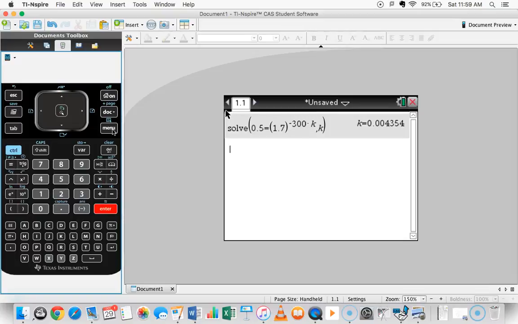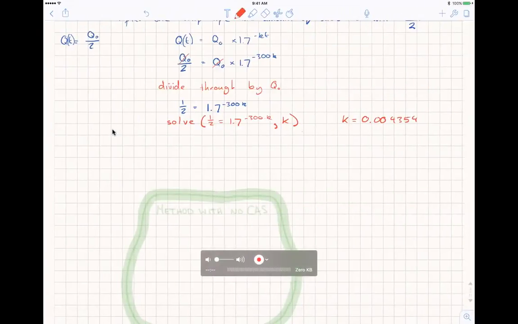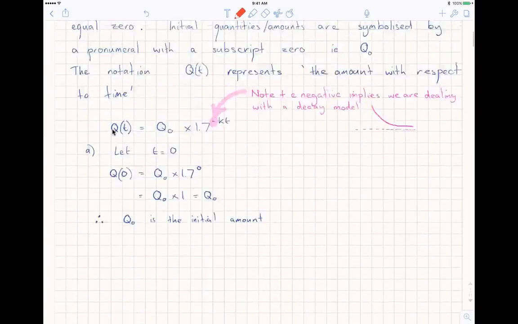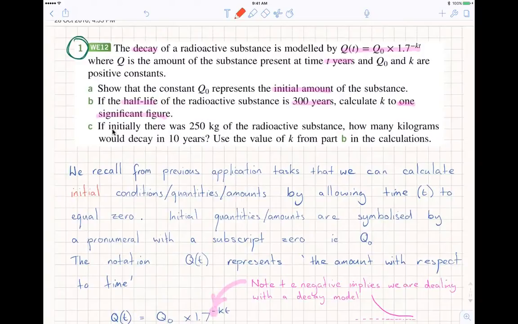Now the calculator tells us that is 0.004354. So it tells us that we've got K equals 0.004354. Now if we have a look at the question, it asks that we calculate the half-life, also calculate K to one significant figure.